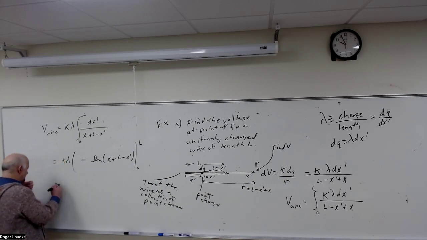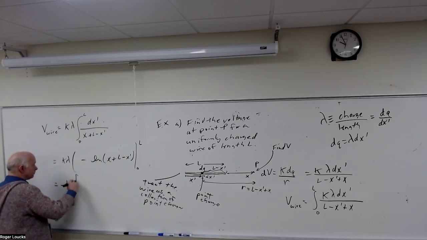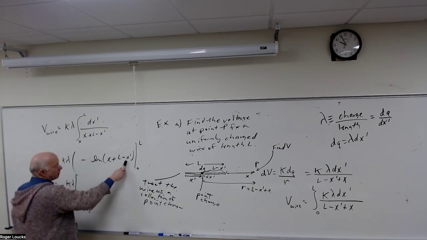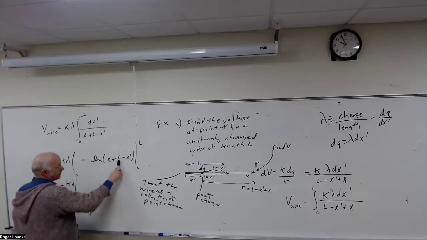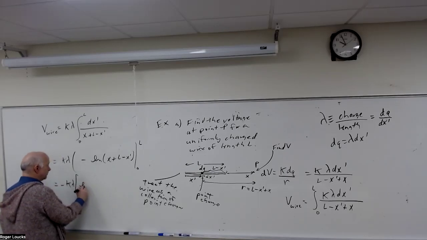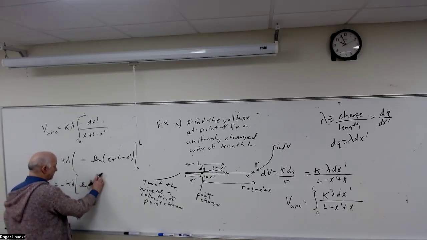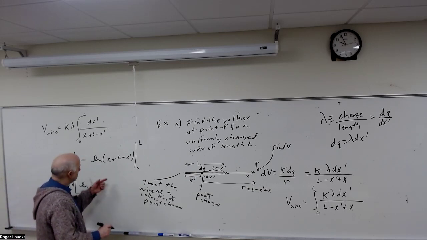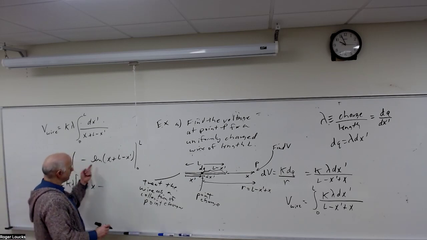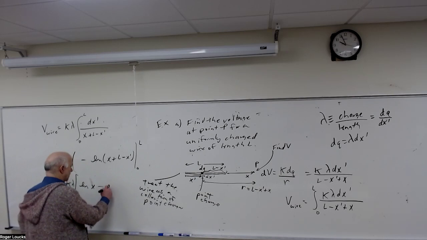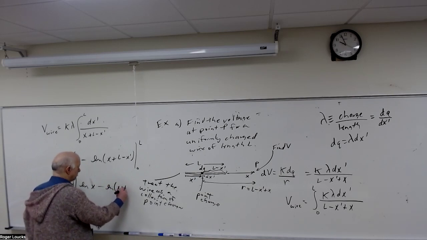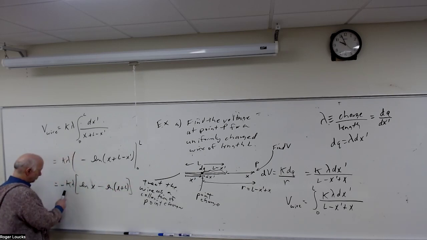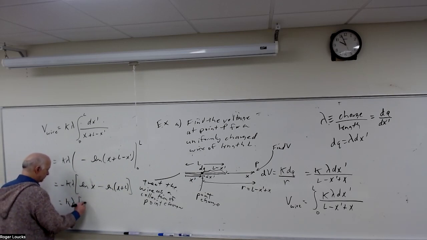Okay, so what would I do? I pull out the minus sign here. I put in the upper limit, I put in the L here. If I put in the L here, the L's cancel. This gives me the ln of X. Then minus, if I put in the lower limit, the 0 here, the ln of X plus L. And I distribute through by the minus sign, and that would give me this.